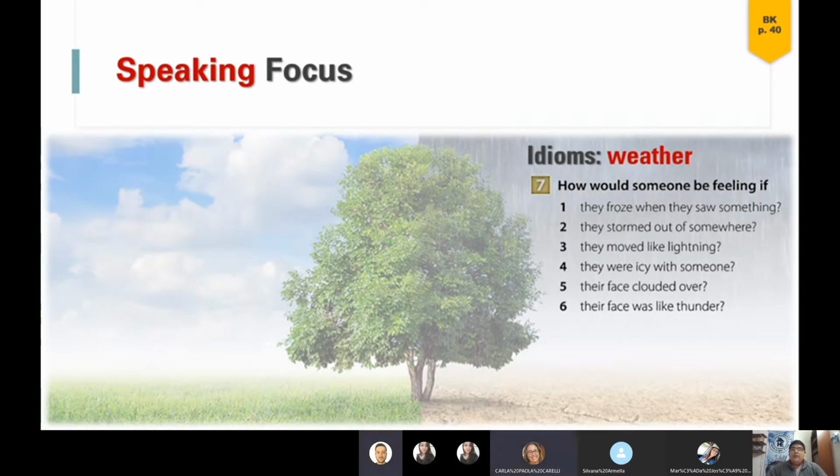They stormed out of somewhere? They moved like lightning? They were icy with someone? Their face clouded over? And their face was like thunder. Okay? To do this activity, let's think about the meaning together, and then I'm going to ask you for some examples, yes?